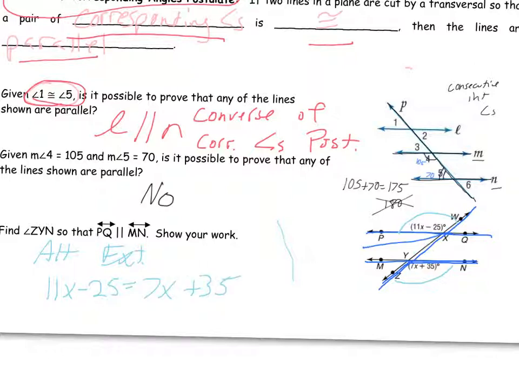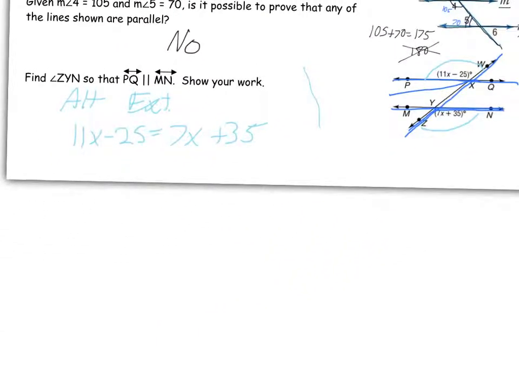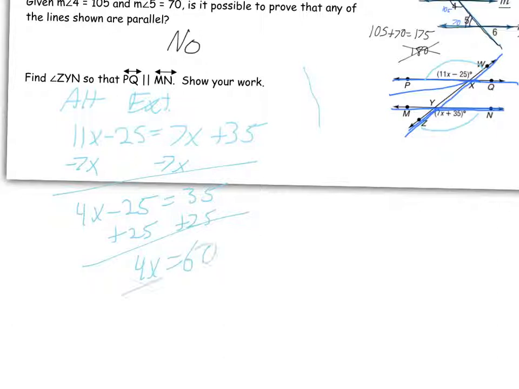So let's solve for x. Subtract 7x. 4x minus 25 equals 35. Add 25 to both sides. 4x equals 60. That means that x equals 15. So what would angle ZYN have to be in order for this to be the case?